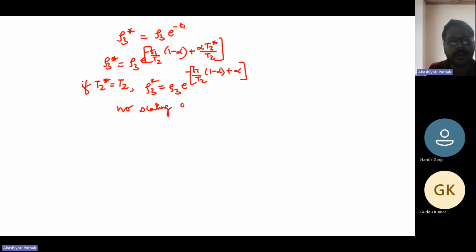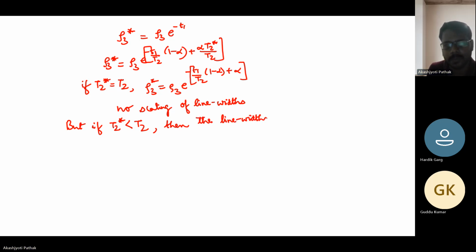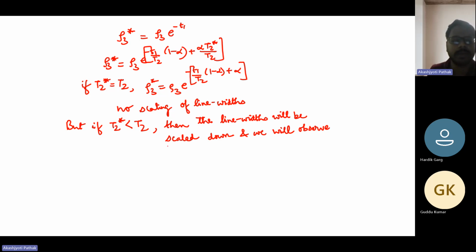But if this T2 star becomes less than T2, then the line width will be scaled down, and we will observe better resolution in the multiplet structure.